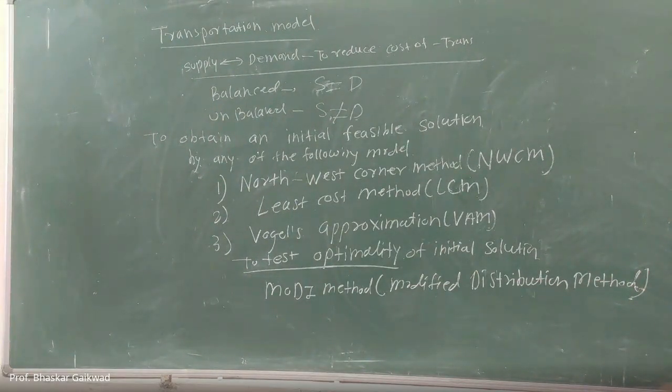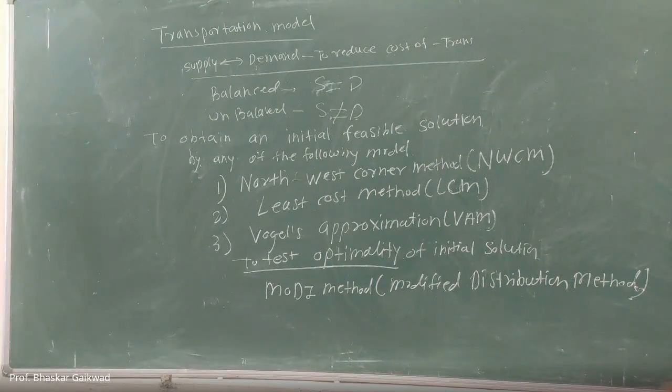To test the initial basic feasible solution, we use the MODI method, modified distribution method. The above three methods solve the transportation problem, but the optimum solution you will get by the MODI method.